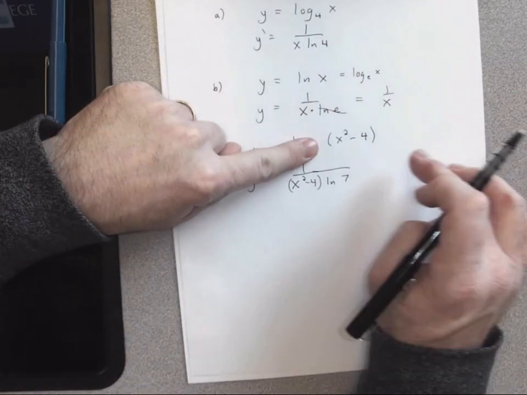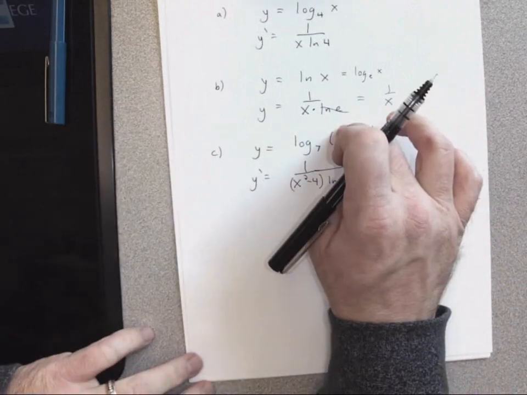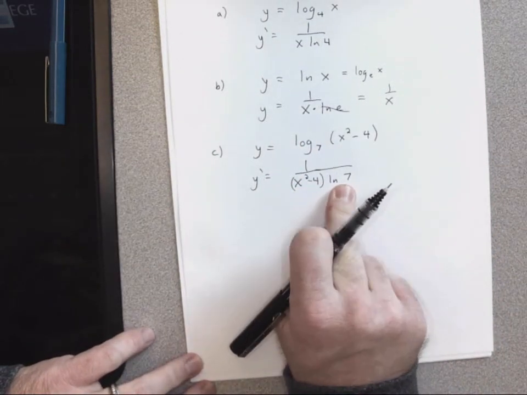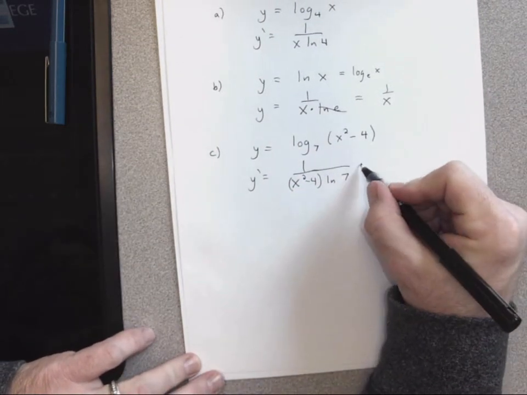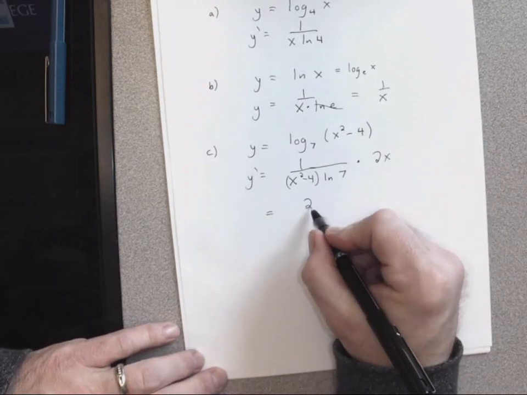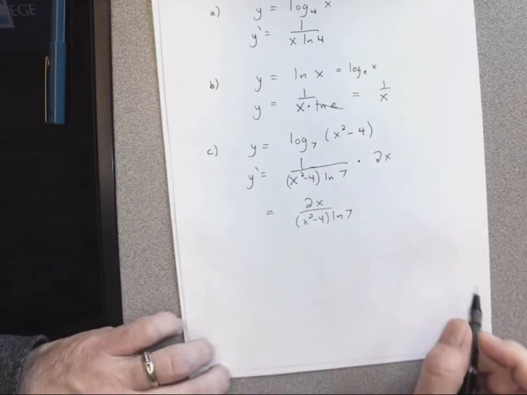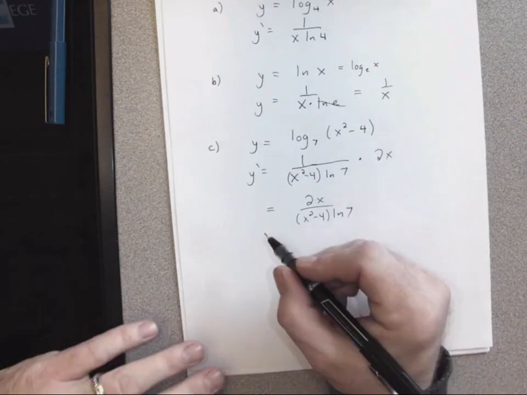If this just said natural log, this would be just 1 over this times the derivative of this. But since this is a log base 7, it's still going to be 1 over that, divided by the natural log of 7, multiplied by the derivative of x squared minus 4, which is 2x. So this is going to be equal to 2x all over x squared minus 4, natural log of 7. That's our y prime.